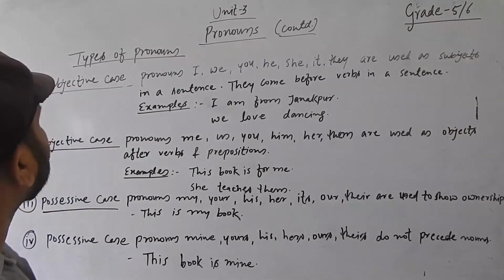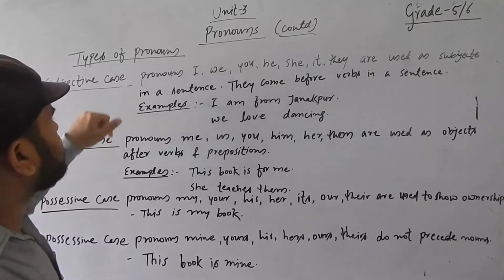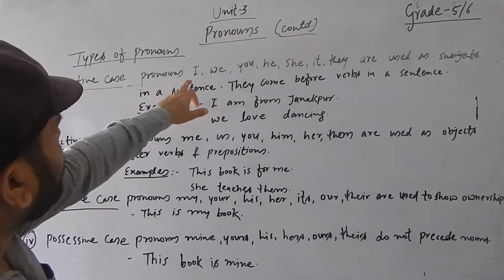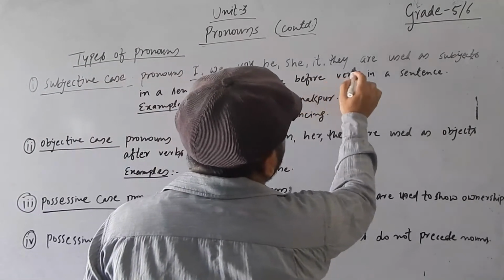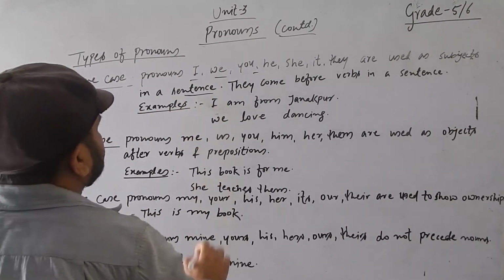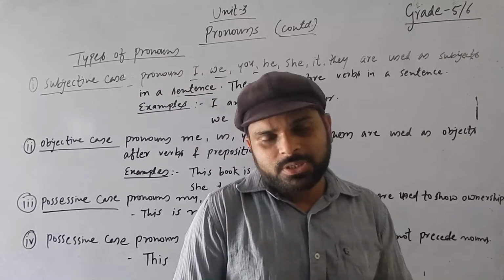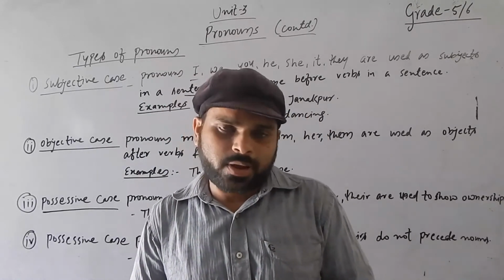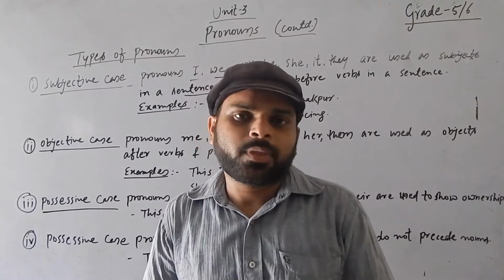Types of pronouns. Subjective case. Pronouns I, we, you, he, she, it, they are used as subjects in a sentence. Yesterday we talked about first person, second person, and third person in personal pronouns.